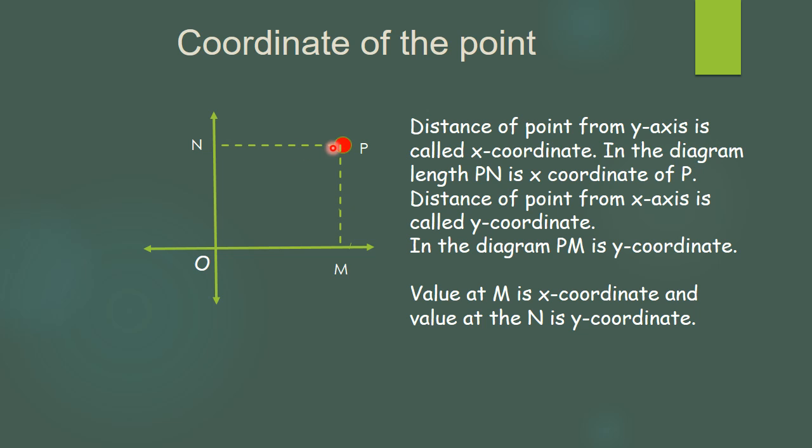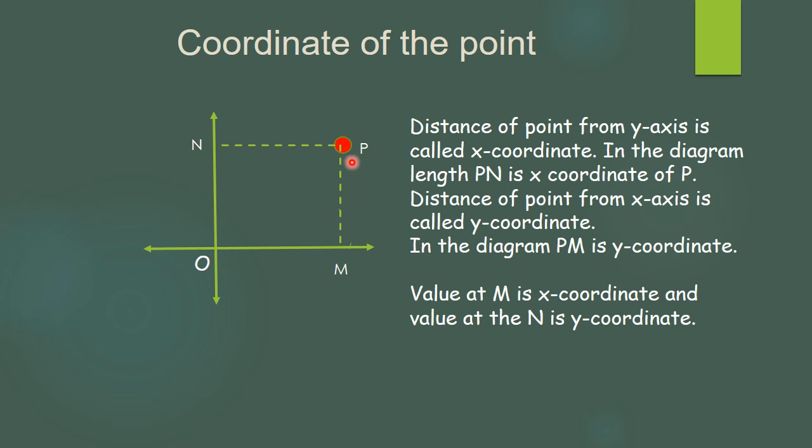So the length of PN is the x coordinate, but rather than this, we write it directly from where this point M intersects.